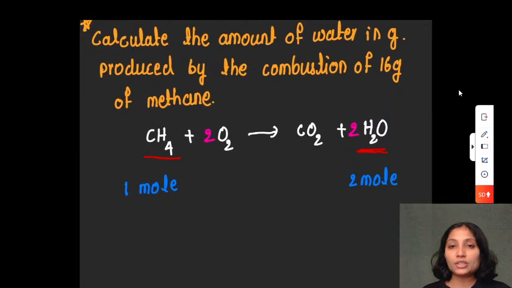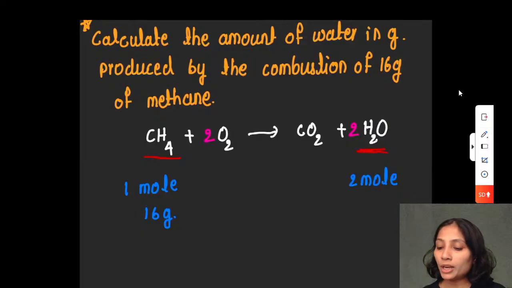And what is the mass of 1 mole of CH4? 1 mole of CH4 weighs 16 gram. And it is producing how much? 18 into 2, because 2 molecules of water are being produced. 2 into 18 is equal to 36 gram.